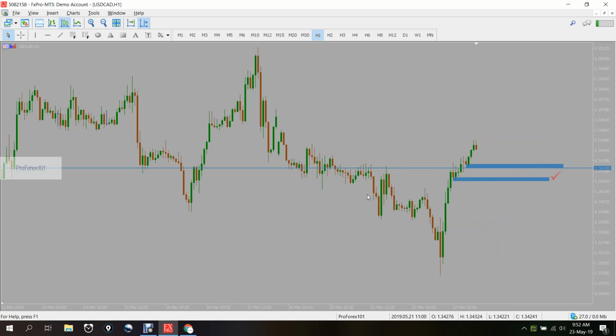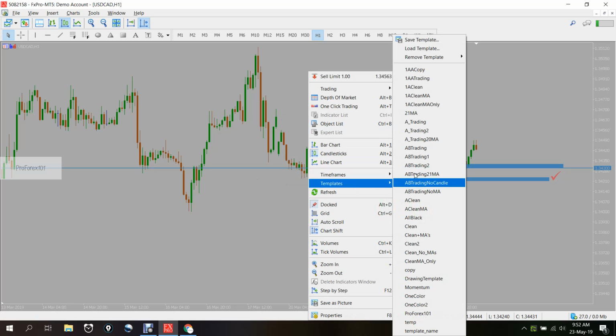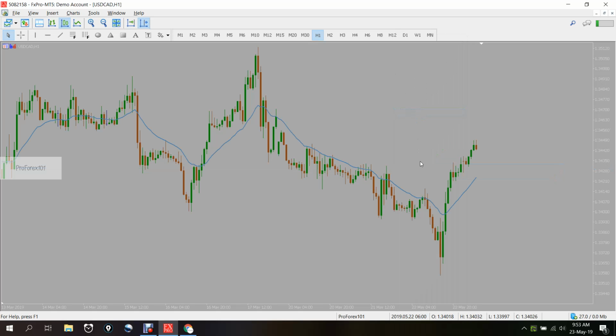Let's see how this plays out, and to help out, we'll put the 21 MA, the strategy that we went through last time, where we were trading off a 21 moving average. Let me put the 21 MA, so it'll help you visualize where the market may head to. Before we came into this move, we know that we were in a downward motion.